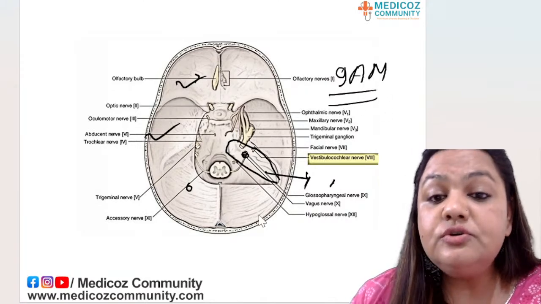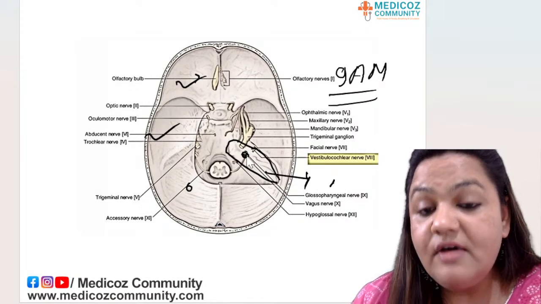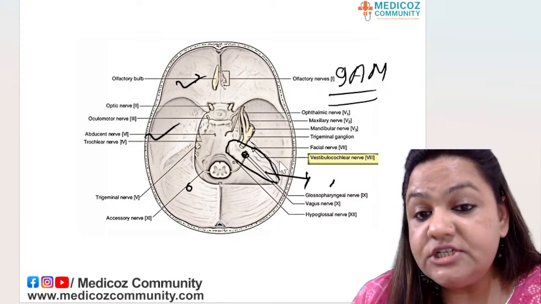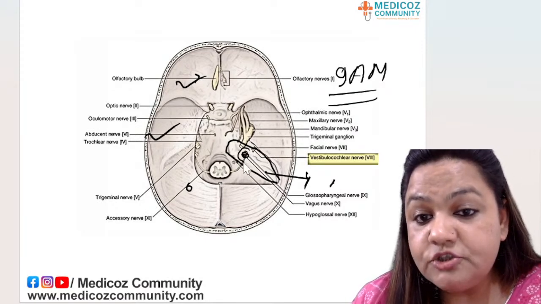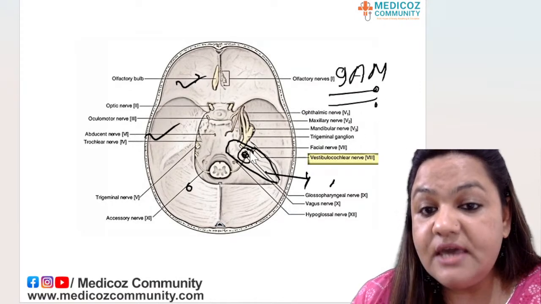The facial and the vestibulocochlear nerves, after arising from the brain stem, enter the temporal bone by passing through this foramen, the internal acoustic meatus.